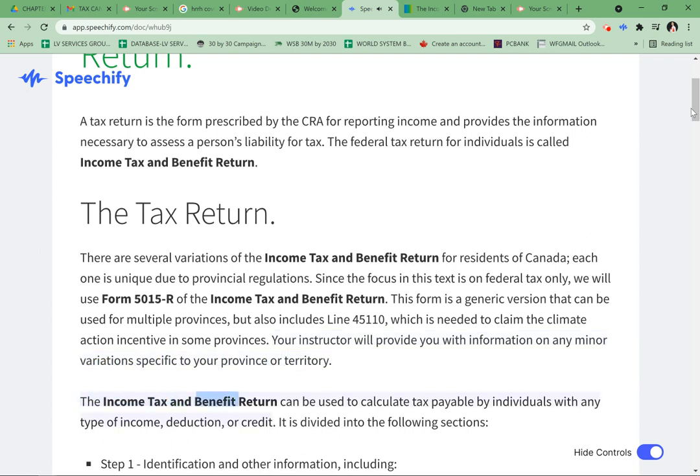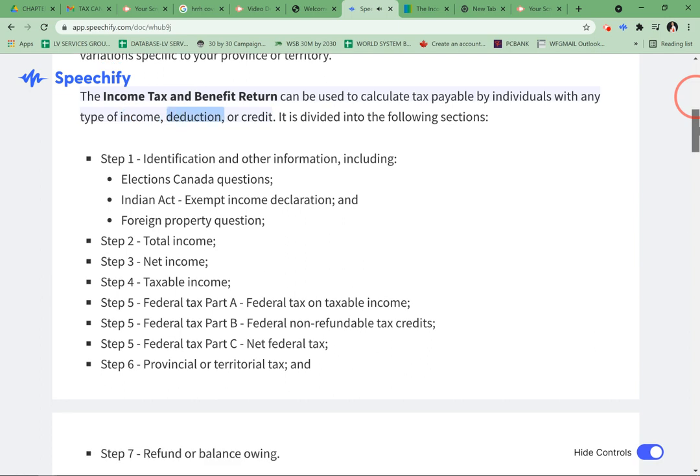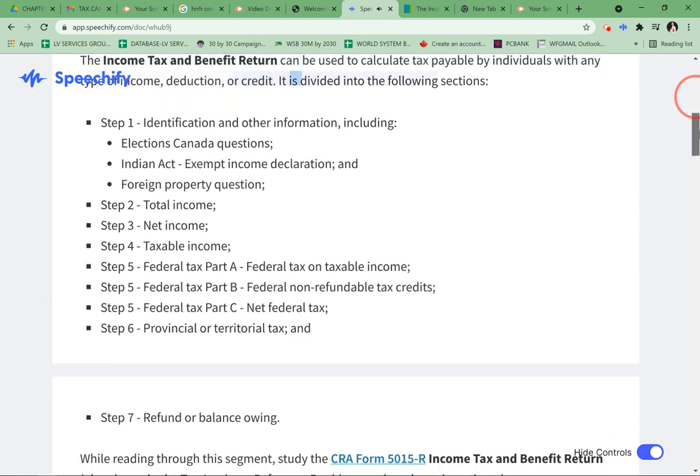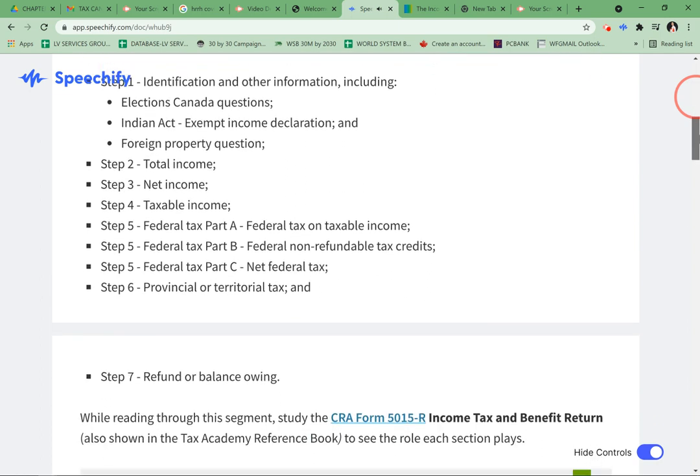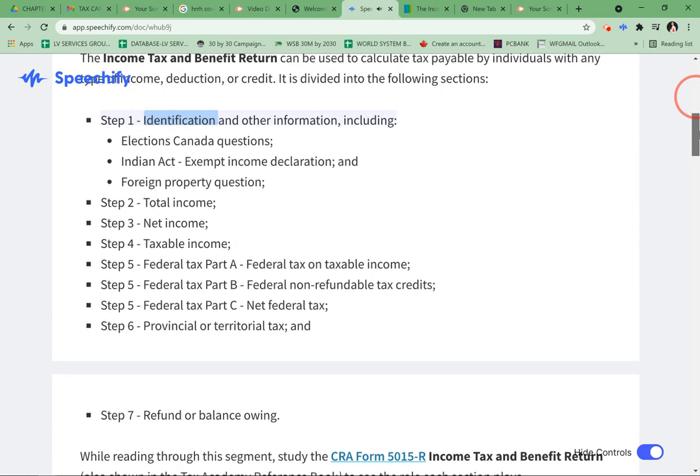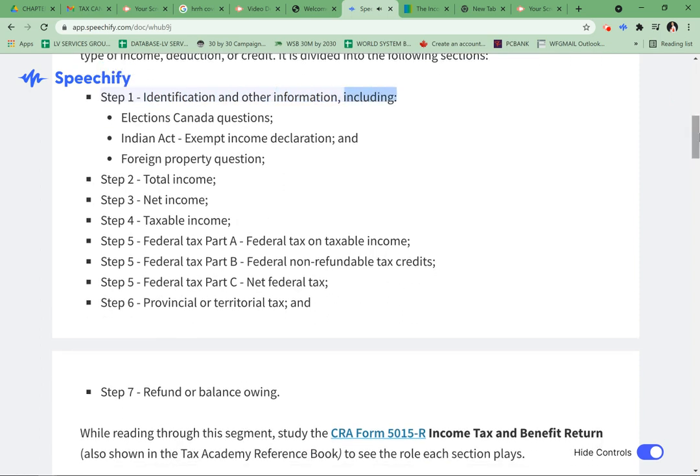The income tax and benefit return can be used to calculate tax payable by individuals with any type of income, deduction, or credit. It is divided into the following sections: Step 1 Identification and other information, including Elections Canada questions, Indian Act exempt income declaration, and Foreign property question. Step 2 Total income, Step 3 Net income, Step 4 Taxable income, Step 5 Federal tax.